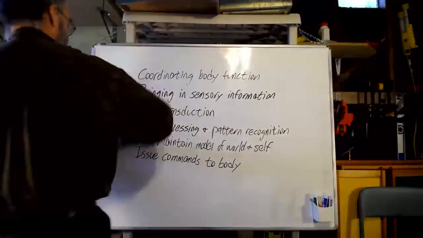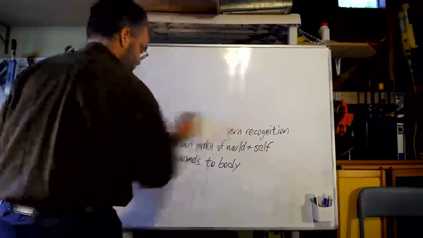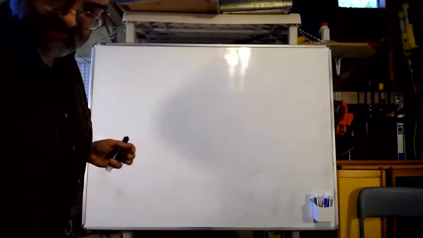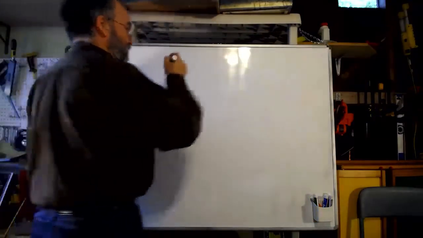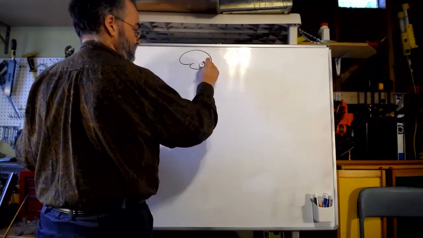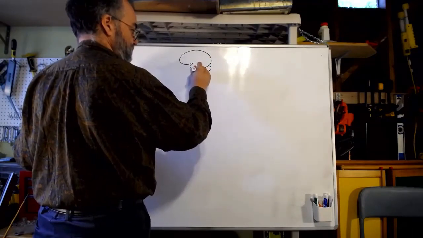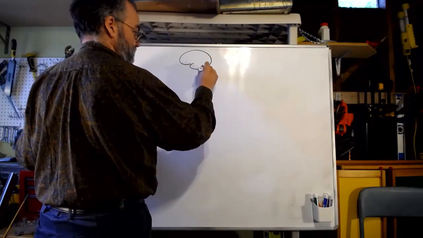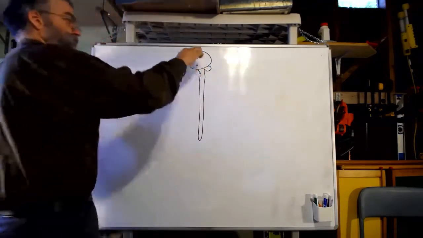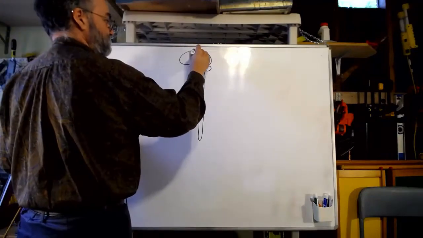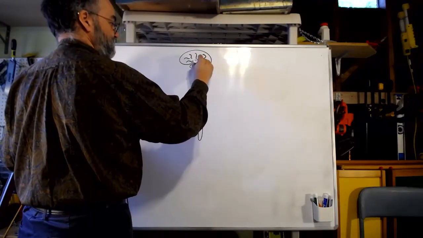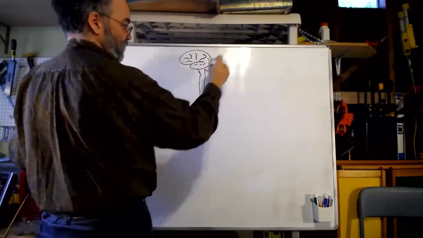So let's erase this. Now we'll start with kind of a very broad overview. We've got a brain, all the wrinkly bits, and a spinal cord.